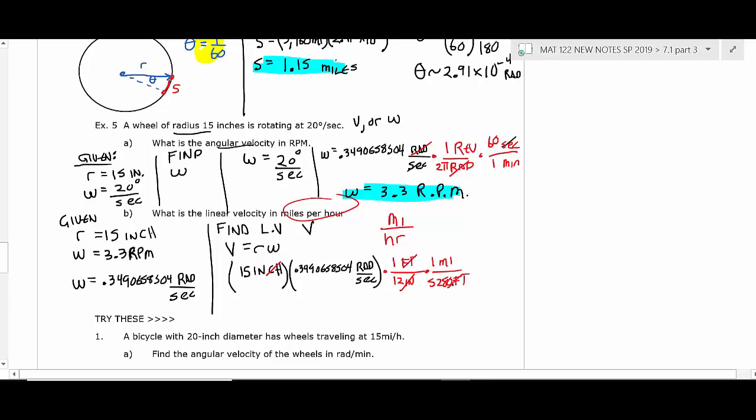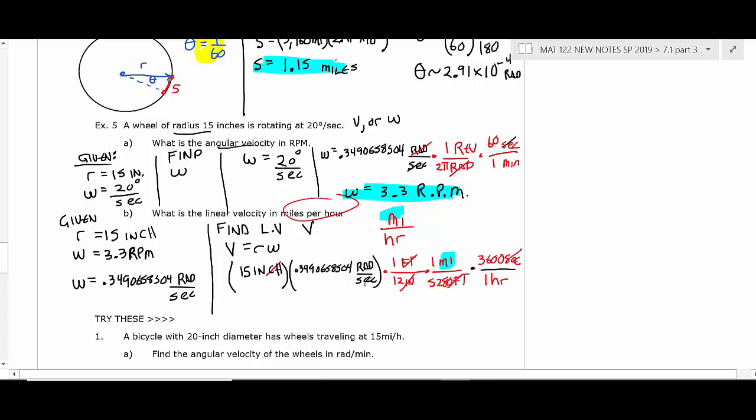So we have that. Okay, just get the units to cancel and end up with what you have. So right now we're in miles per second. We want miles per hour. So we got to change seconds to hours. You can do this in one step if you want to. There are 3,600 seconds in 1 hour. Okay, you can do that if you want to, or you can do that in multiple steps.